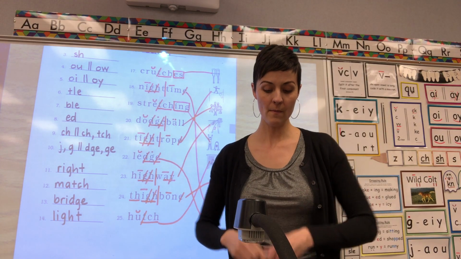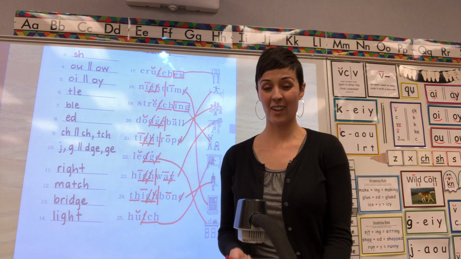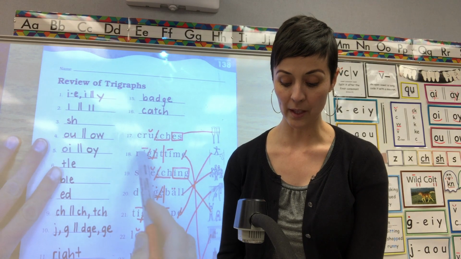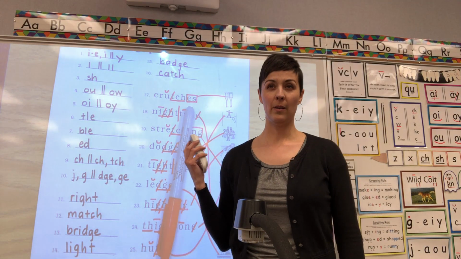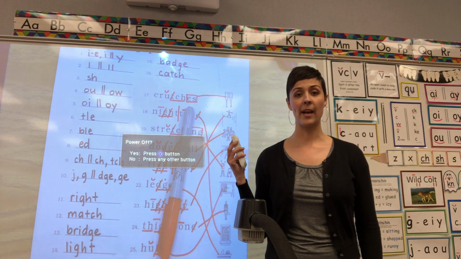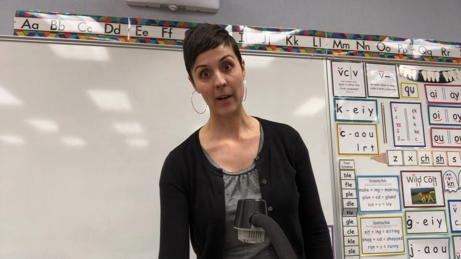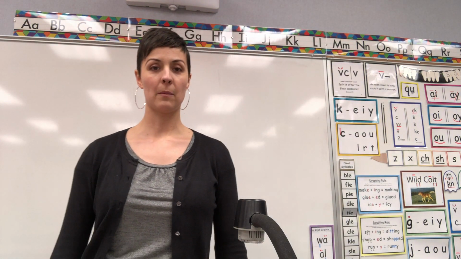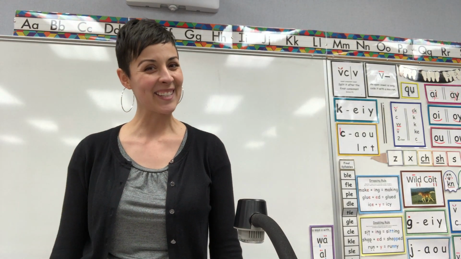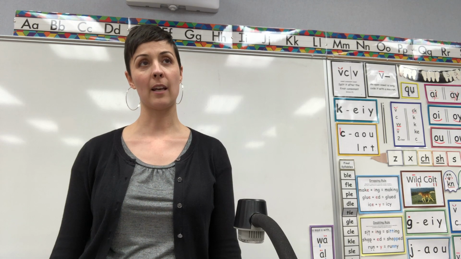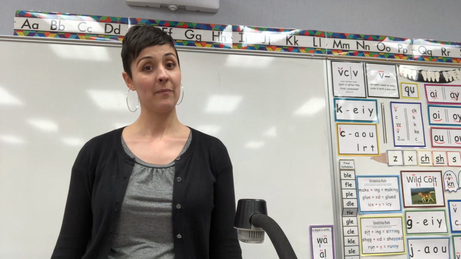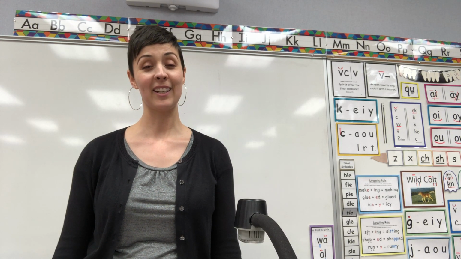Okay. I actually thought of something that happened that has to do with nighttime with trigraph IGH. So it has to do with my little sister Erin. You remember Erin because I've told you about her before, and sometimes she was kind of naughty when she was little. Well, when we were little, I was in 1st grade and I was 7, and she was in preschool.